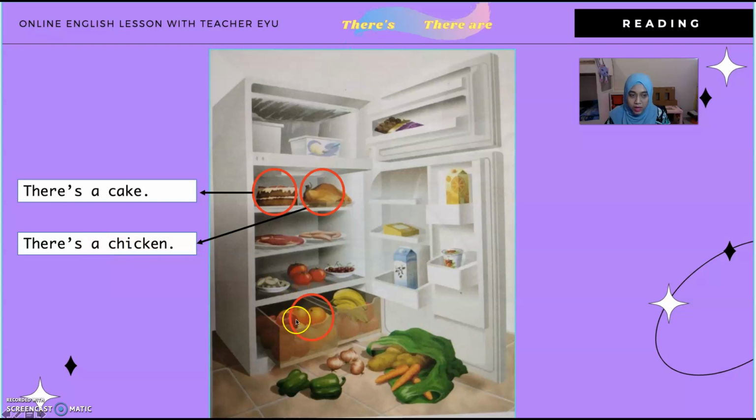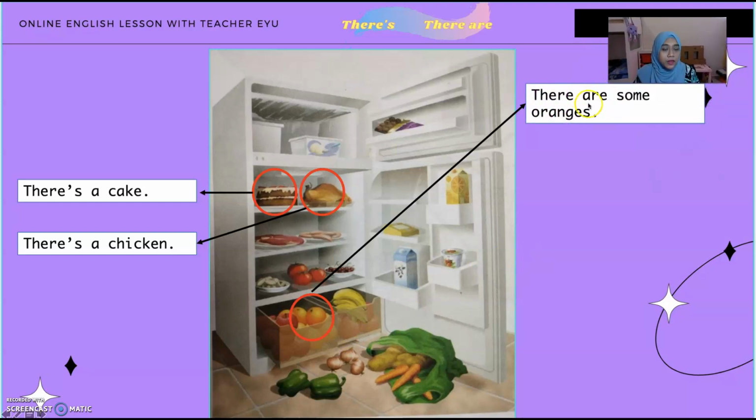Alright, as you can see, what are these? These are oranges. So how are we going to write the sentence? There are some, okay, I put it here. There are some oranges. Okay, because the oranges are more than one, lebih daripada satu, so we use there are.